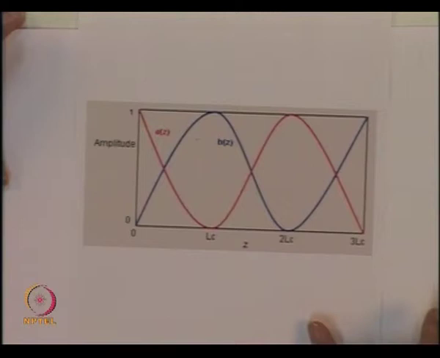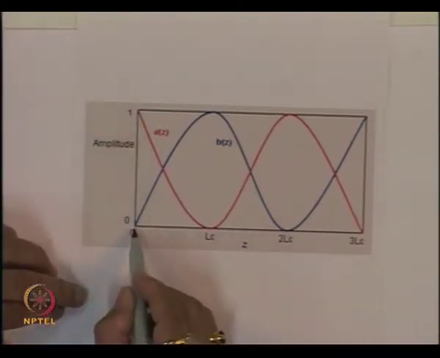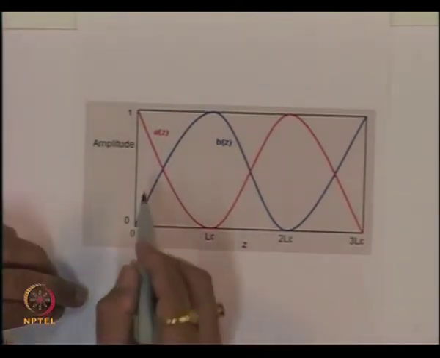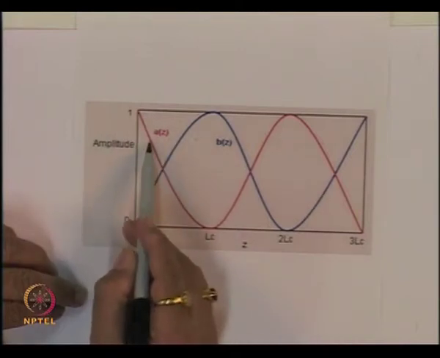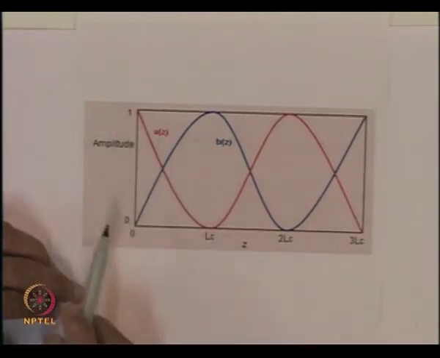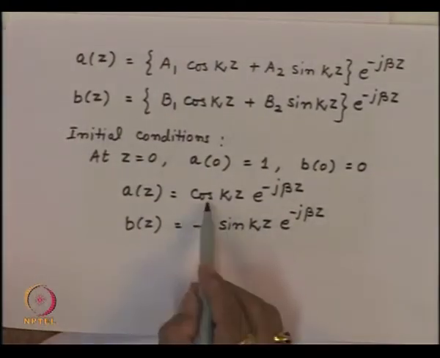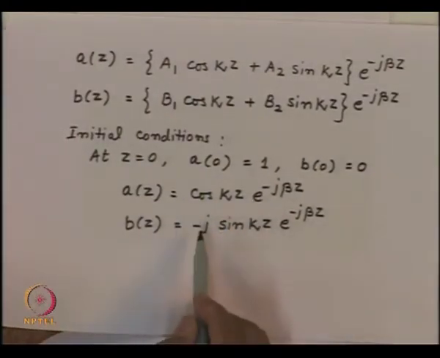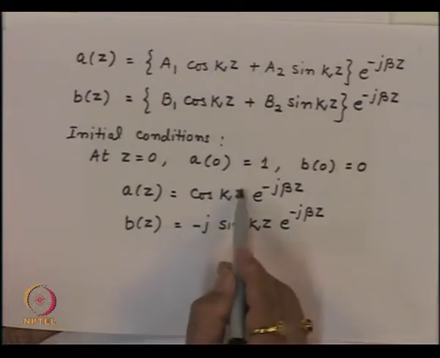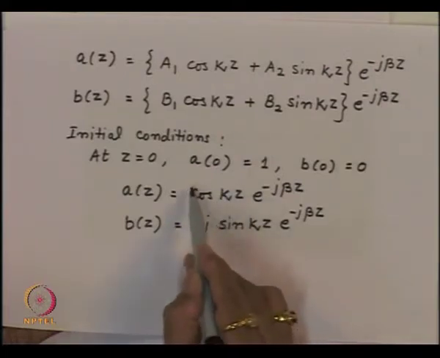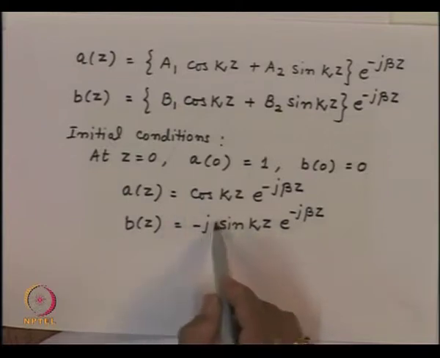So at z equal to 0, the whole signal was on waveguide A, so we had amplitude 1. Slowly as the z increases, this quantity becomes smaller and smaller, and when this quantity is equal to pi by 2, this will become 0, but at that time this will become equal to 1.